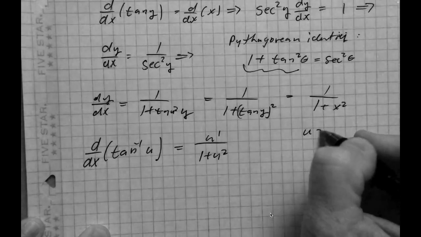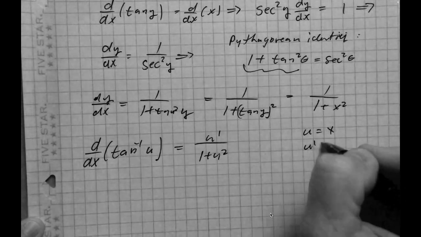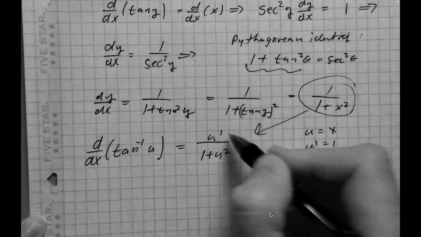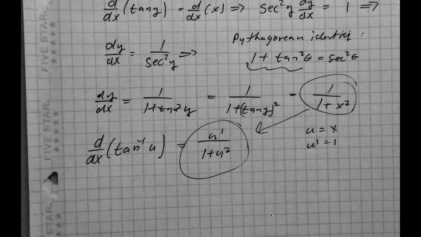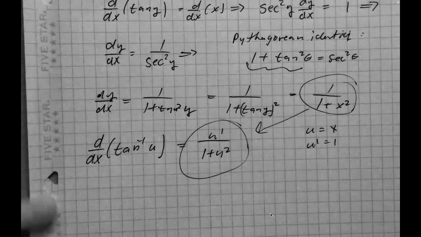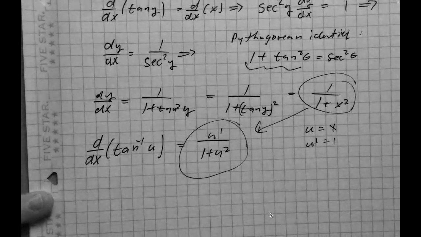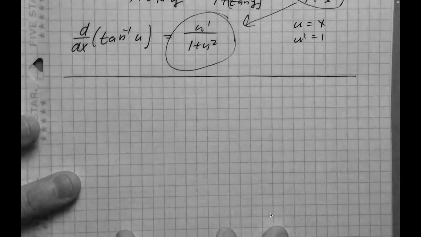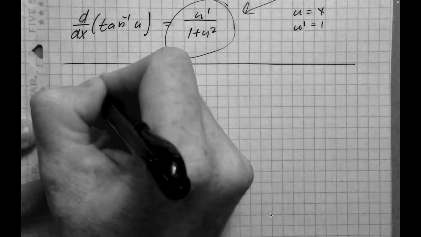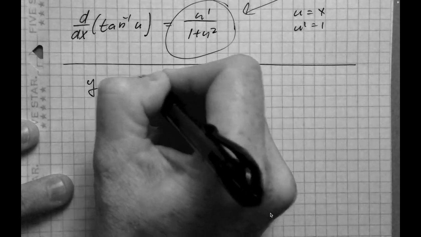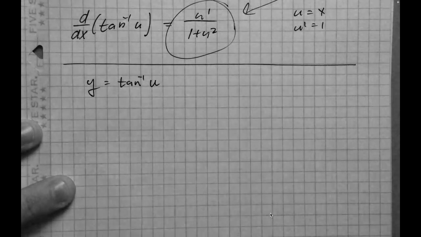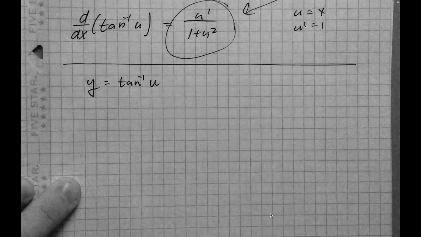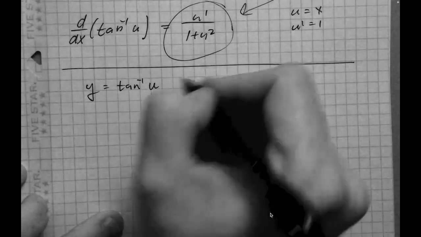So obviously if u equals x, u prime is 1, and we have the form. Okay, so no problem there. What happens if u is not just something simple like x? Well, let's just see here. I think you'll see that it's very straightforward. So y equals inverse tangent of u, where u here is interpreted as a function of x.